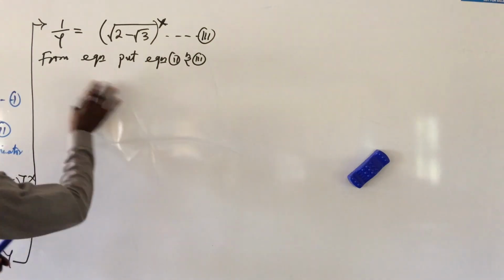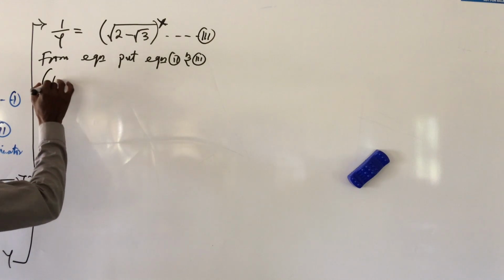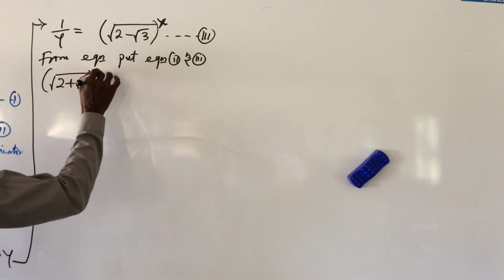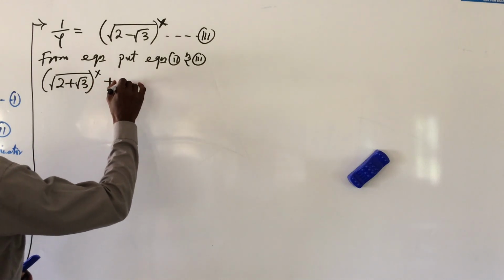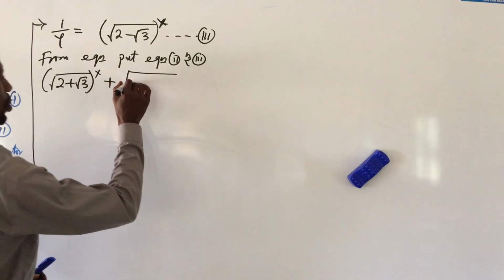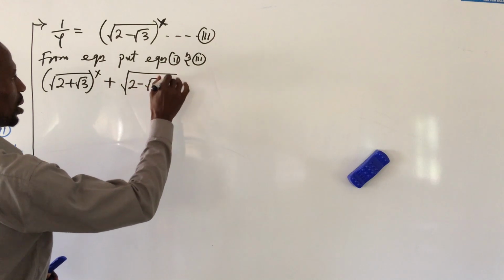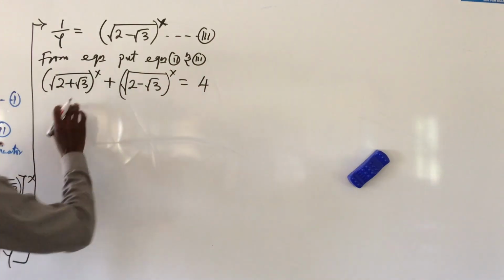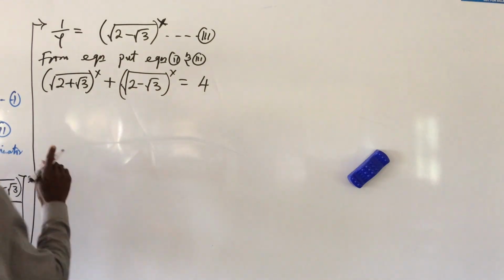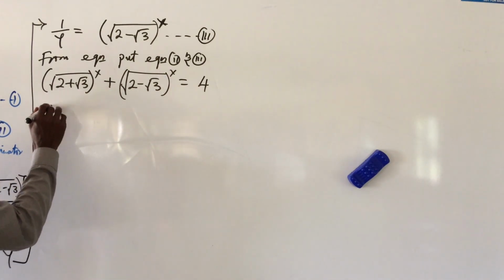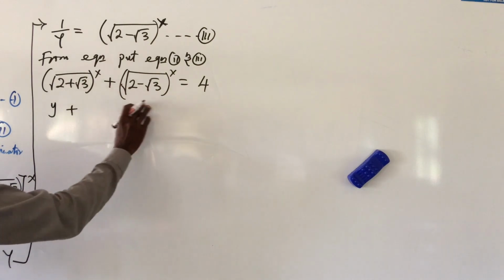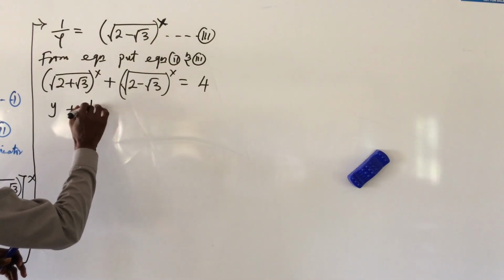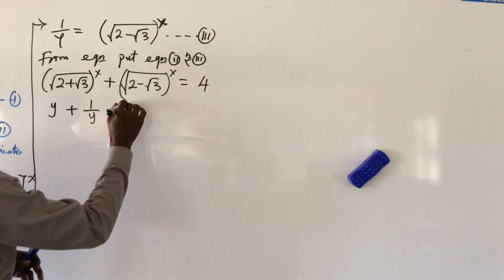So if we do that, equation 1 says the square root of 2 plus square root of 3 all to the power of x plus bracket 2 minus square root of 3 all to the power of x equal to 4. So if we do that, from our equation 2, we have the whole of this to be y plus, and from our equation 3, we have the whole of this to be 1 all over y equal to 4.